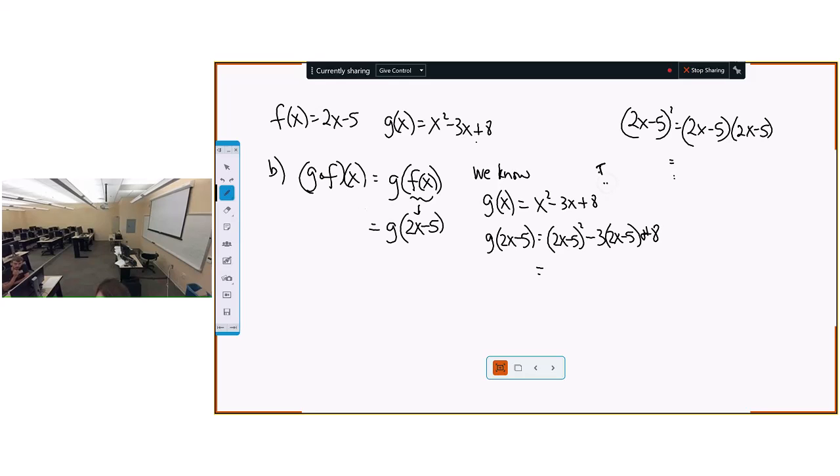If we were to do FOIL, the first is 2x times 2x, which is 4x squared. Outer would be 2x times a negative 5, which is a negative 10x. Inner would be a negative 5 times 2x, which is also a negative 10x. And last is a negative 5 times a negative 5, which is a positive 25. We combine like terms and we get 4x squared minus 20x plus 25.